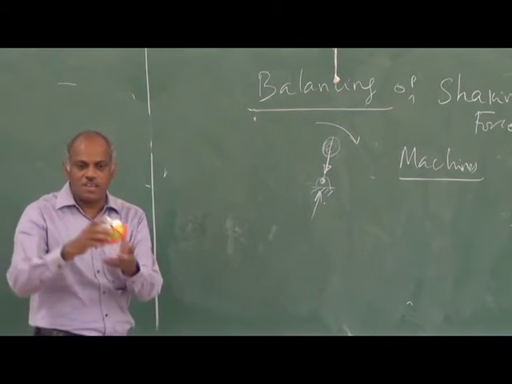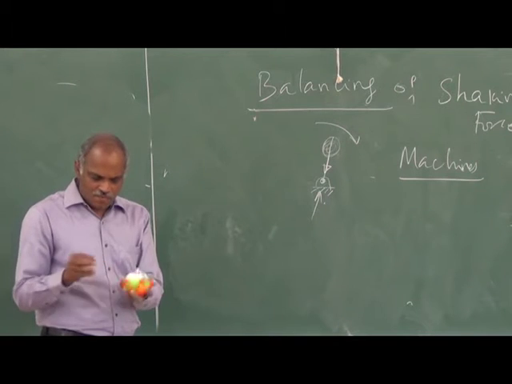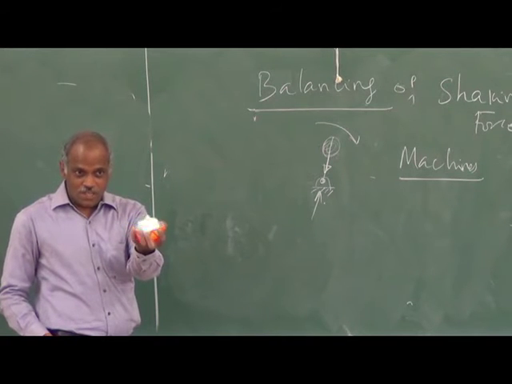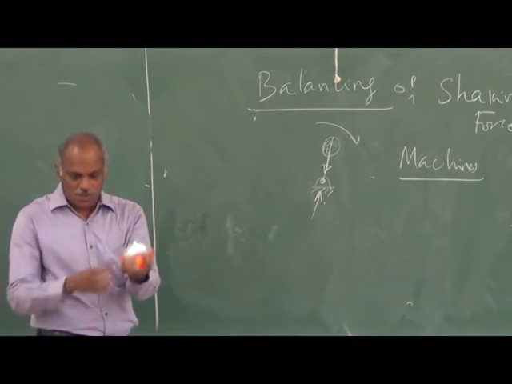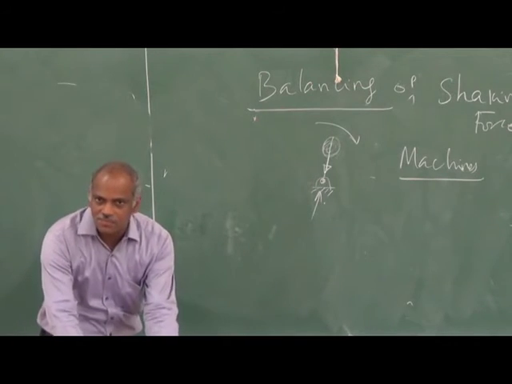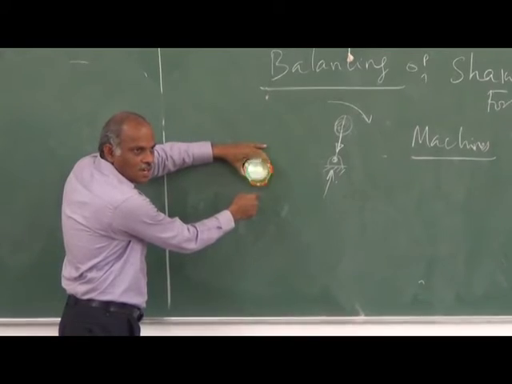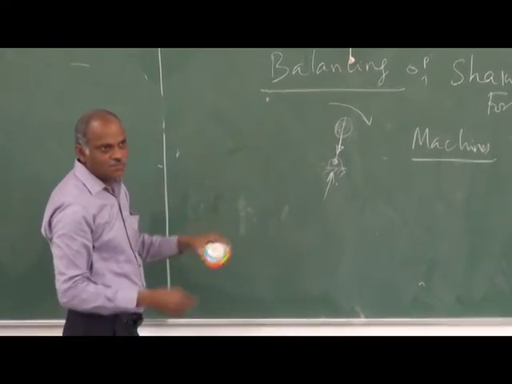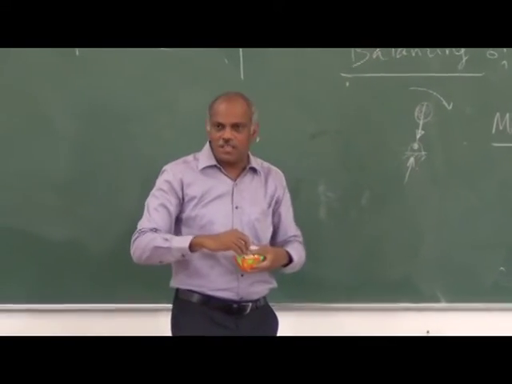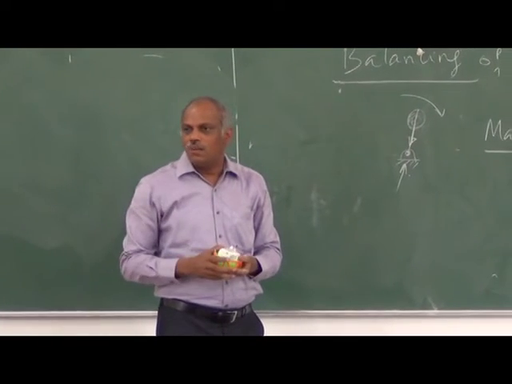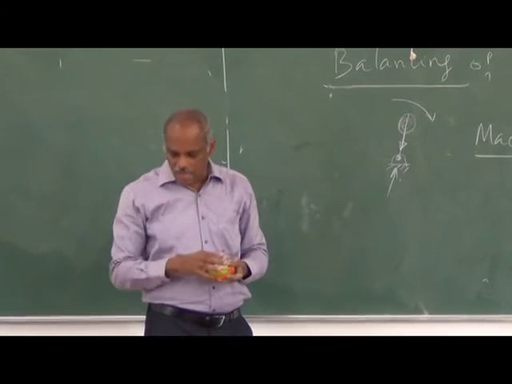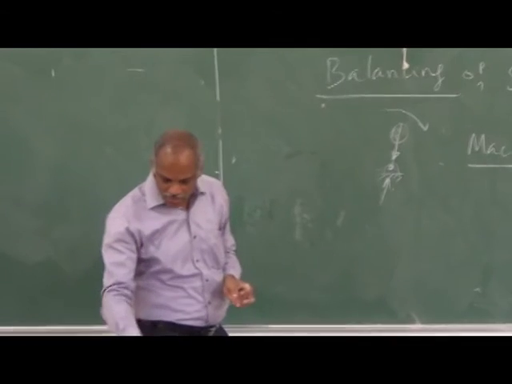So how to avoid this shaking? It is arrested or rigidly mounted. When you rigidly mount it, those forces are transferred to the foundation, or the forces are supposed to give the necessary force required for accelerating this.